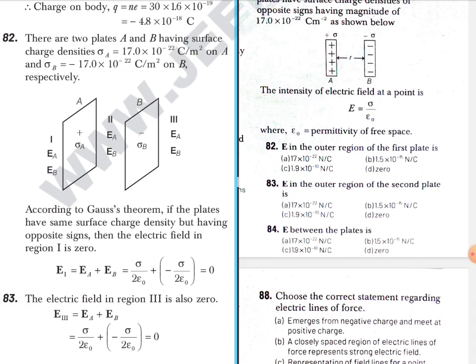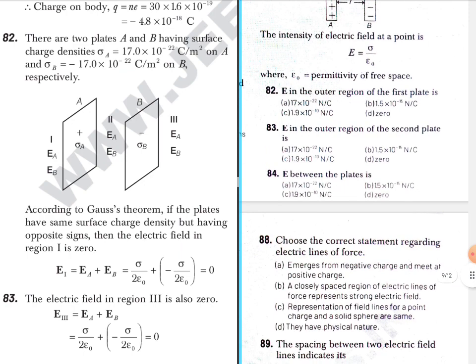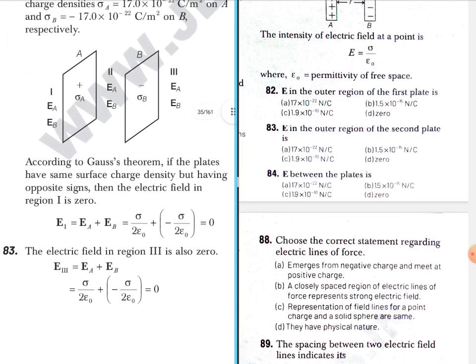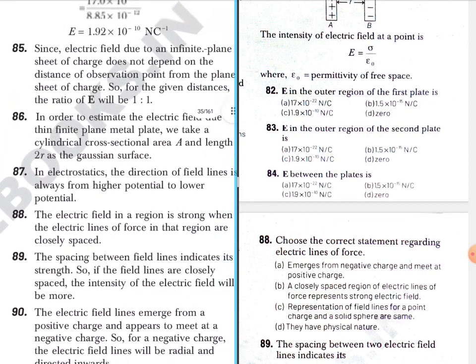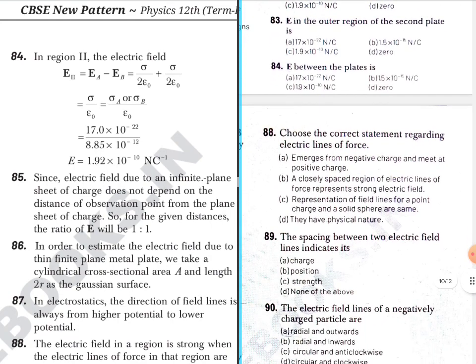So to the left of it, in region 1, it can be 0, and the electric field outside the second plate again can be 0. In between the plates it will be sigma by epsilon naught, and whatever is the value of that, which is the 84th, 1.92 into 10 to the power minus 10, which is C, option number C.